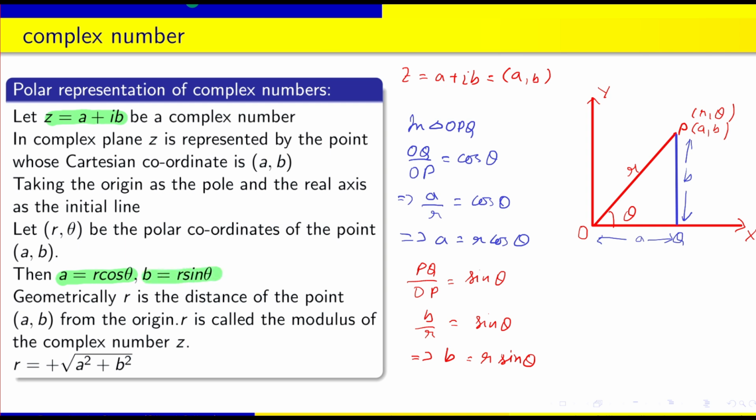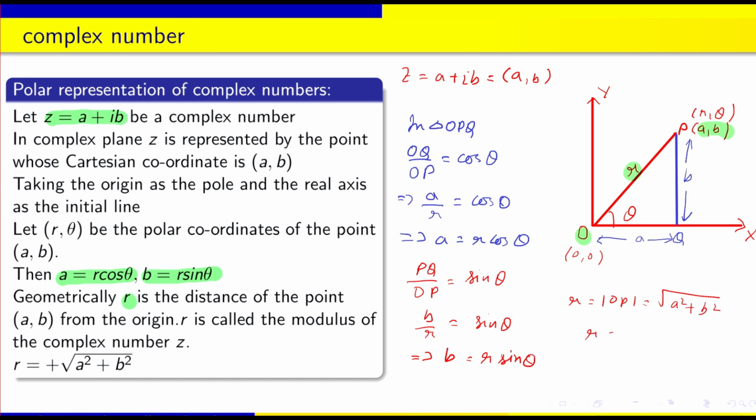The distance r is the distance of the point (a, b) from the origin. Coordinate of the origin is (0, 0). So the distance r is equal to OP, which is the square root of (a minus 0) whole squared plus (b minus 0) squared.